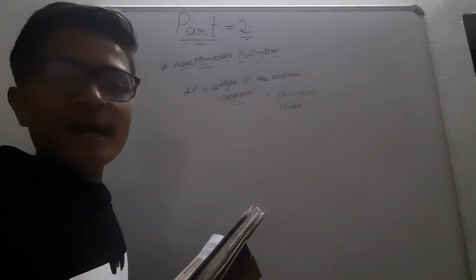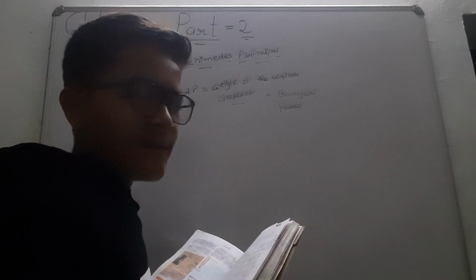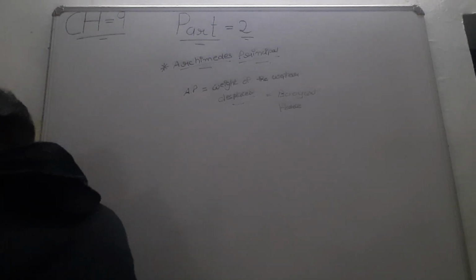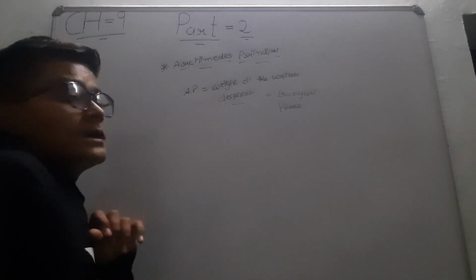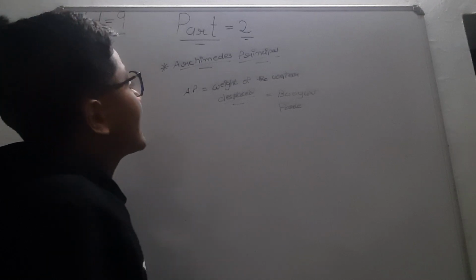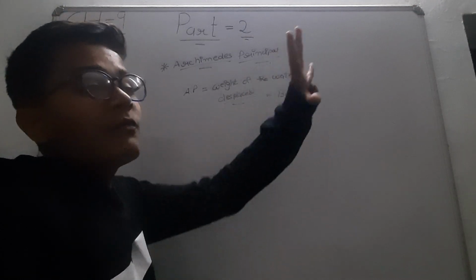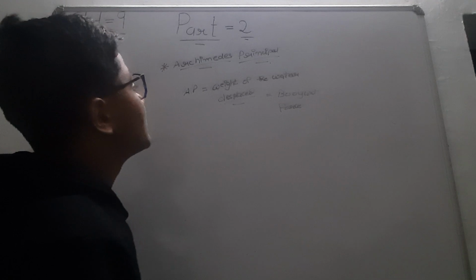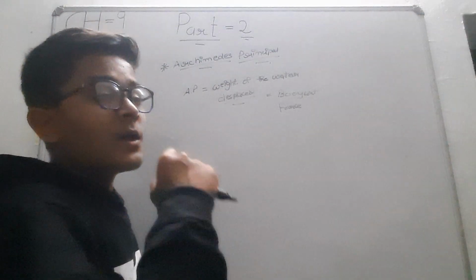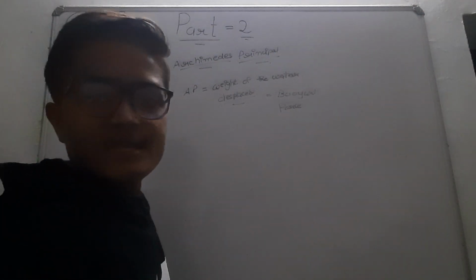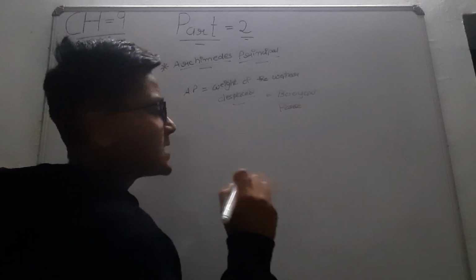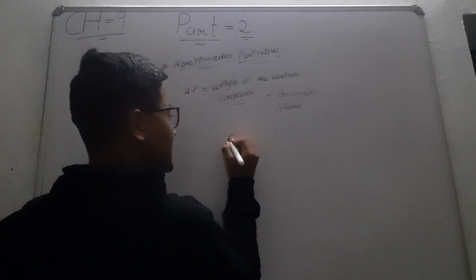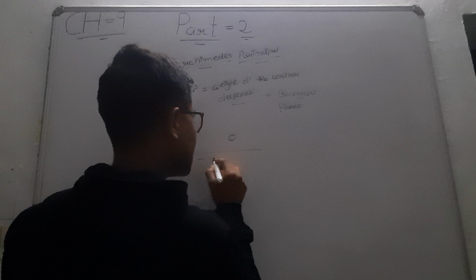On the basis of the Archimedes principle, all the ships are invented. Archimedes principle says that the buoyant force is equal to the weight of the water displaced. Let's take an example. This is the water body.